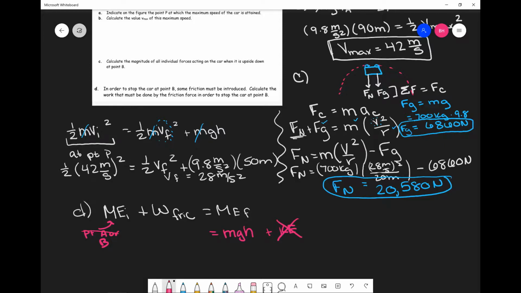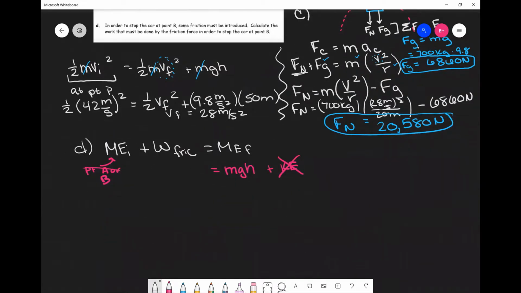So let's go ahead and write this out. We're going to say point B. So we're going to have 1/2 mv initial squared, plus our work due to friction, which is really what we're trying to find out, is equal to mgh. Let's plug in our values.